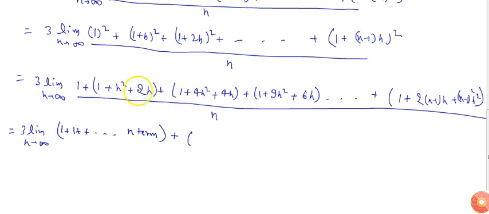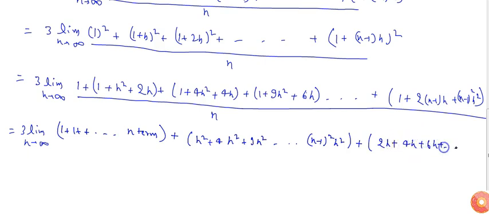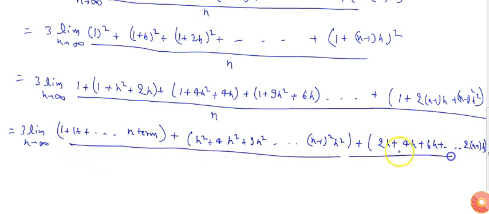If I write the h square terms together, it will be h square plus 4h square plus 9h square up to (n minus 1) square h square, and if I write the h terms together, it will be 2h plus 4h plus 6h up to 2(n minus 1)h, divided by n.